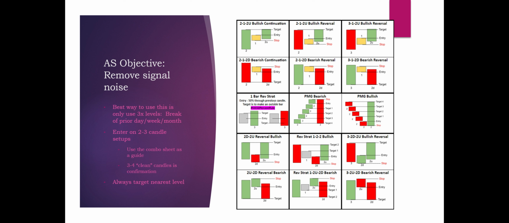Again, you're going to want to look for 2-1-2s, 2-2s, and 3-1-2s. Don't bother trying to catch a 3-2-2 bullish reversal, right? First off, those are incredibly rare. Second, they're kind of hard to spot.